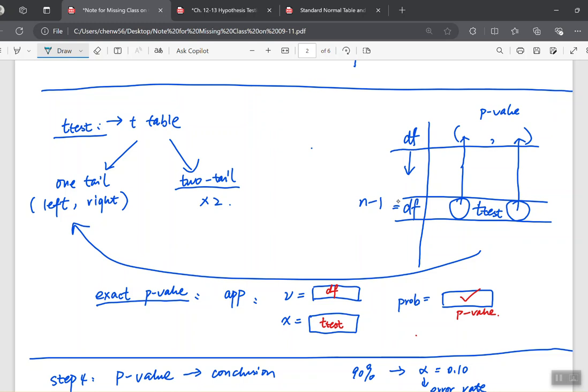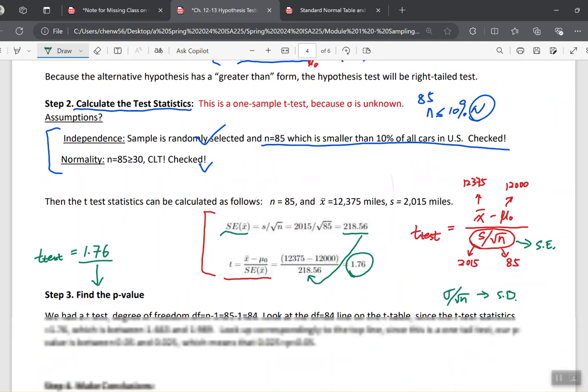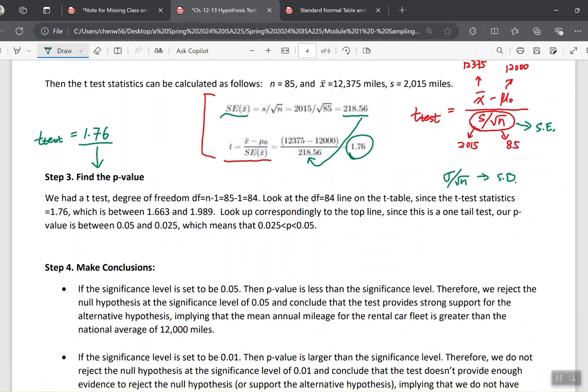We want to focus on the degree of freedom line, and within this line, we find where my t-test statistic is. It should be between two values, then go up to find the corresponding p-value. All right, okay, so let's try it. Let's think about the detailed case in the t-table.